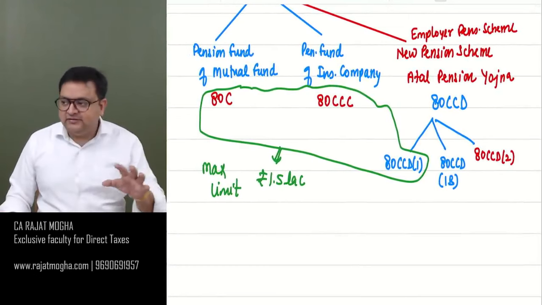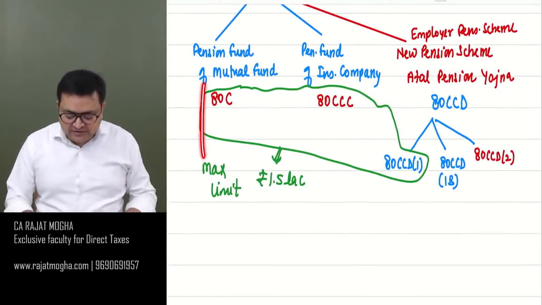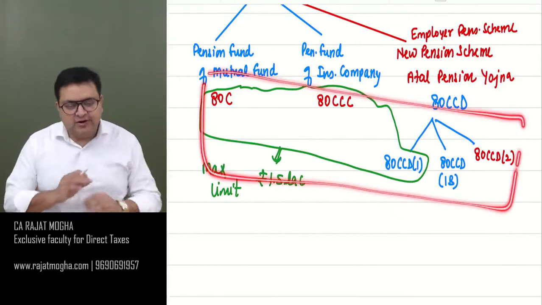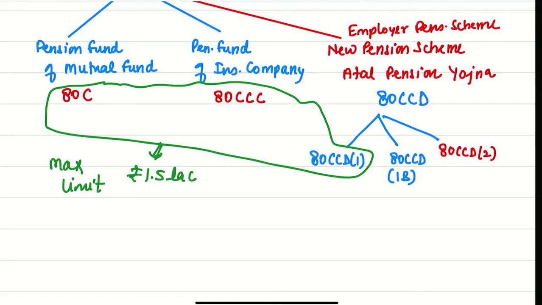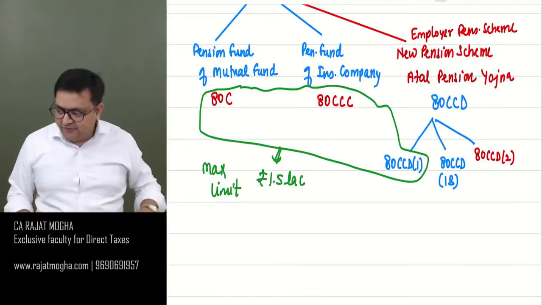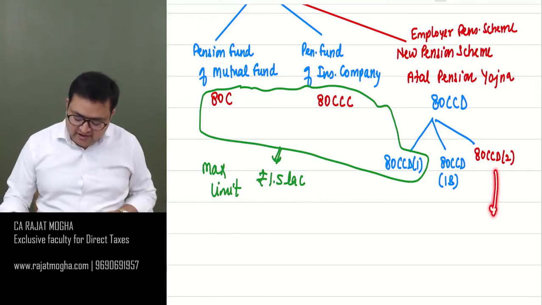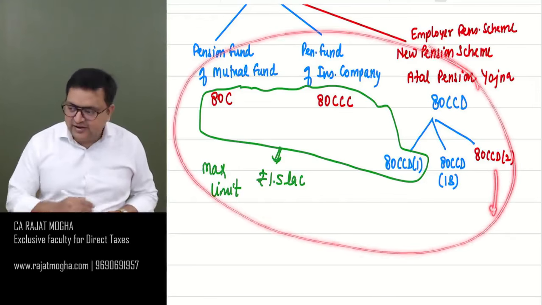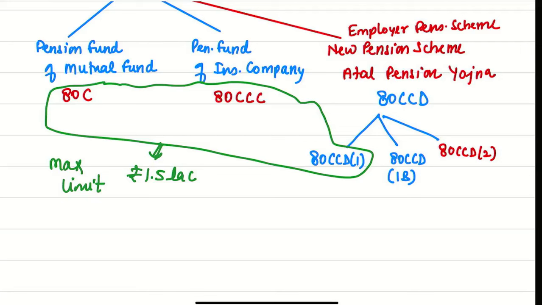And out of this, see, in the optional regime, all these sections are available to the assessee. But in the default regime, only this section is available. Out of these, whatever you are seeing on your screen, only this is available under default.